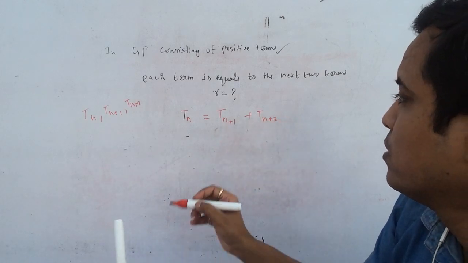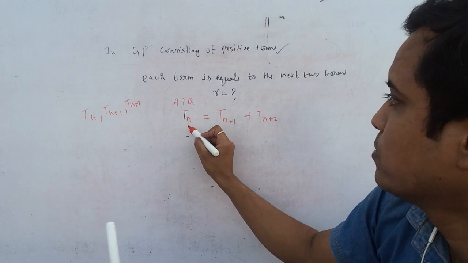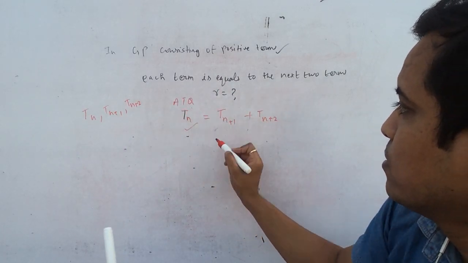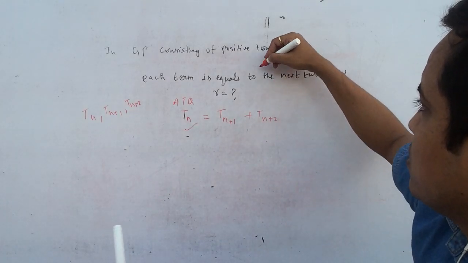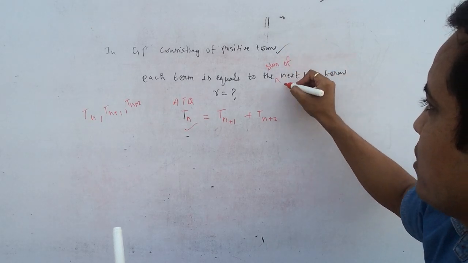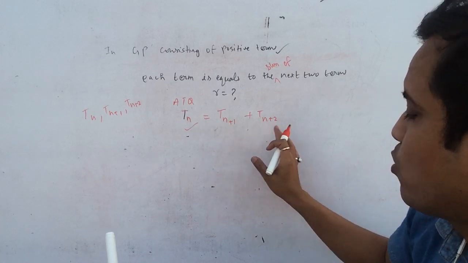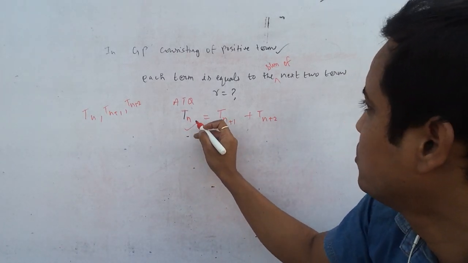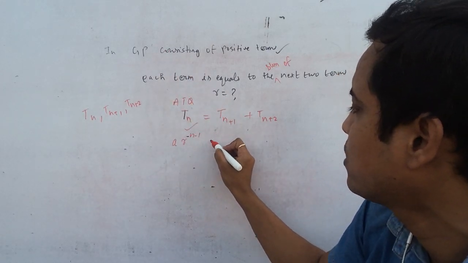So according to the question you can write here, each term, suppose Tn is the term, is equal to the sum of the next two terms, so we got Tn plus 1 and Tn plus 2 according to the question. So now we have to apply, since it is a geometric progression, the formula a r raised to power n minus 1.